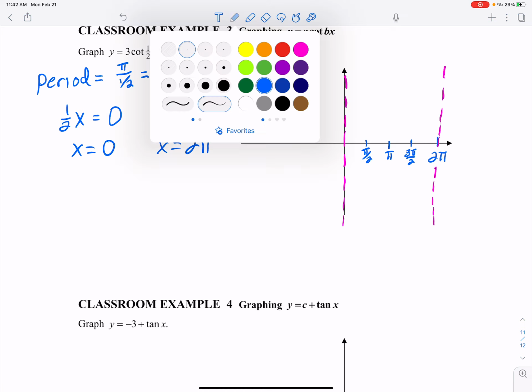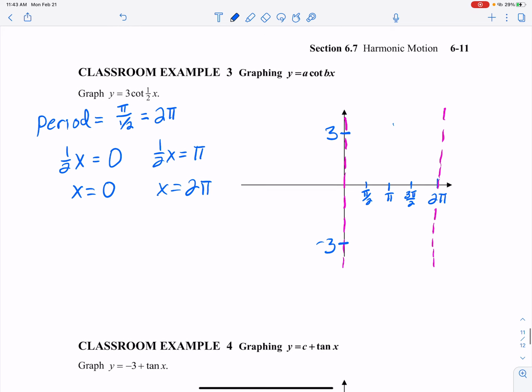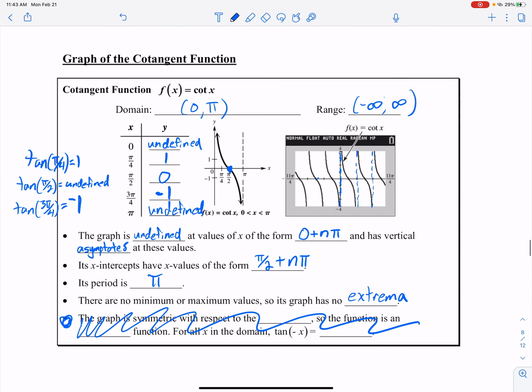Up and down values, I have a 3 and a negative 3. Now, if I go back and look at my cotangent function, looking at my box up there, it's not exactly tangent, it's shifted over, right? It's flipped as well. So that means when I go over this way, it should go up.